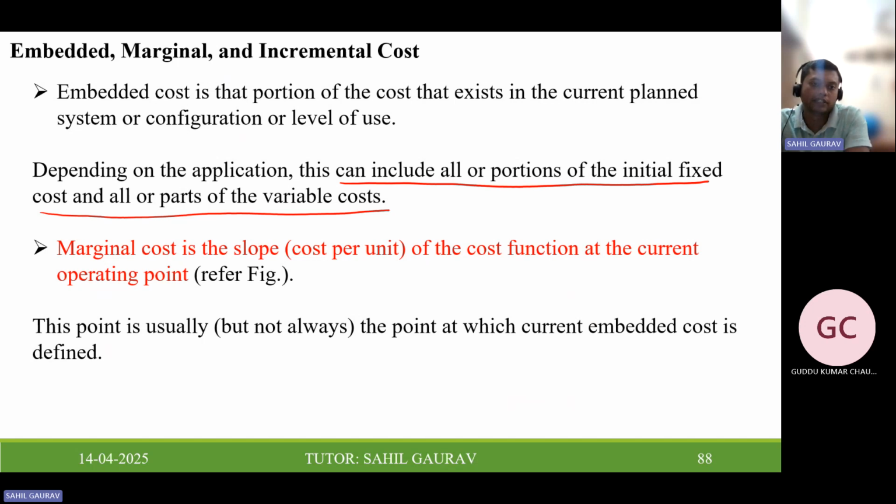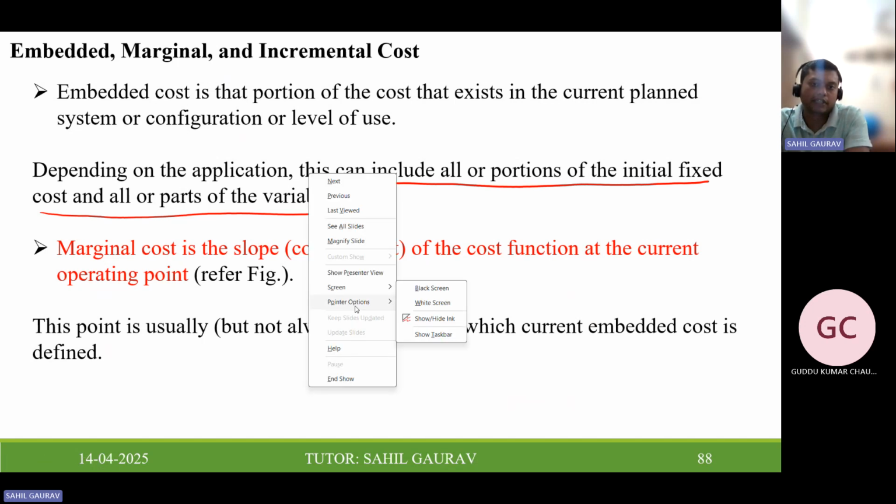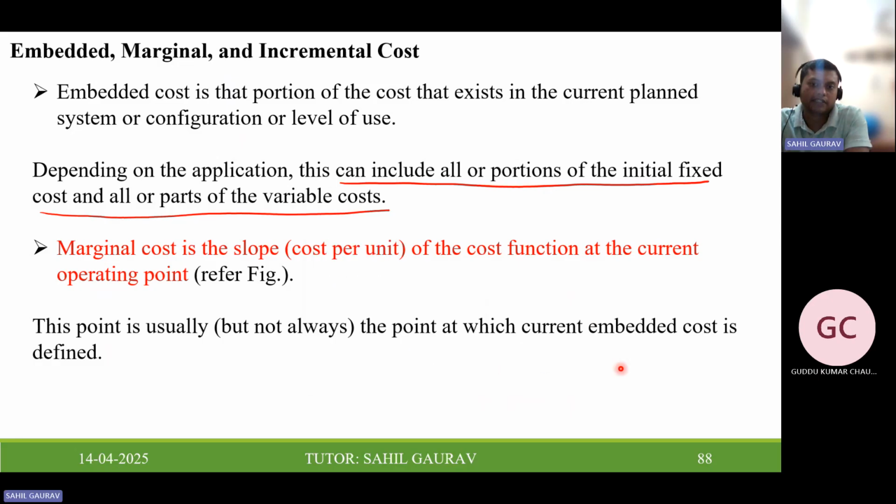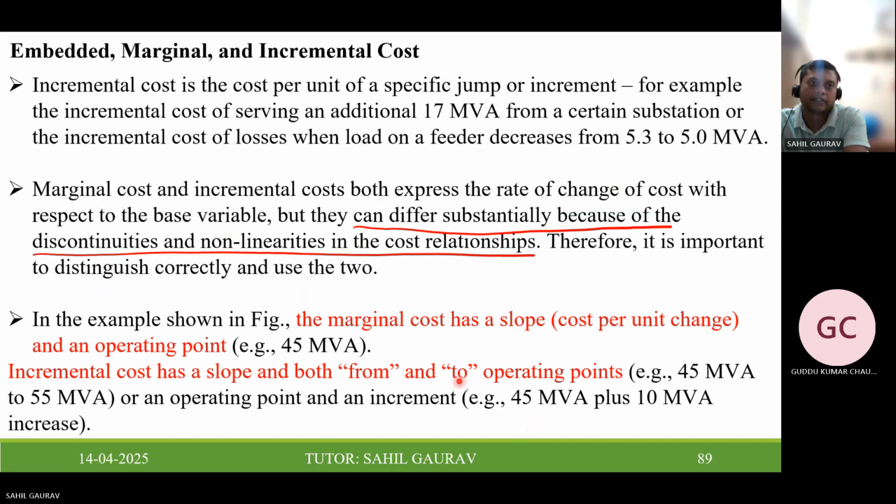This point is usually the point at which the current immediate cost is defined. Incremental cost is the cost per unit of a specific jump or increment. For example, the incremental cost of serving an additional 17 MVA from a certain substation, or the incremental cost of losses when load on a feeder changes from 5.3 to 5.0 MVA.